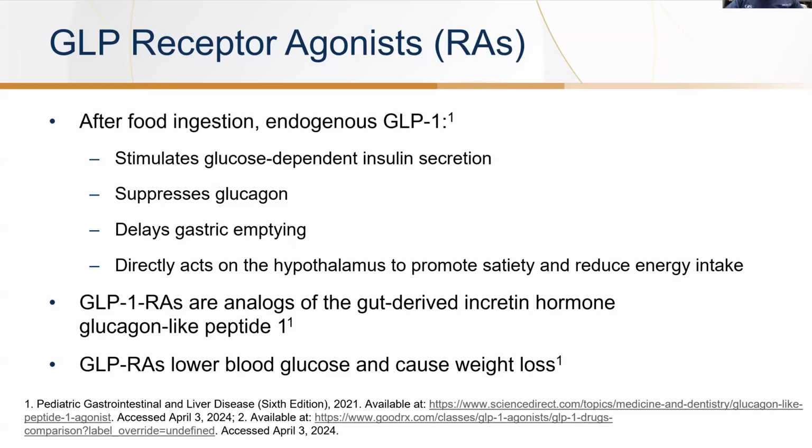So we know that bariatric surgery in the past and use of GLP-1 receptor agonists are truly groundbreaking ways of providing a way to achieve weight loss goals, which not only improve patients' overall health, but also can improve their fatty liver. GLP-1 receptor agonists also lower blood glucose and can contribute to weight loss.